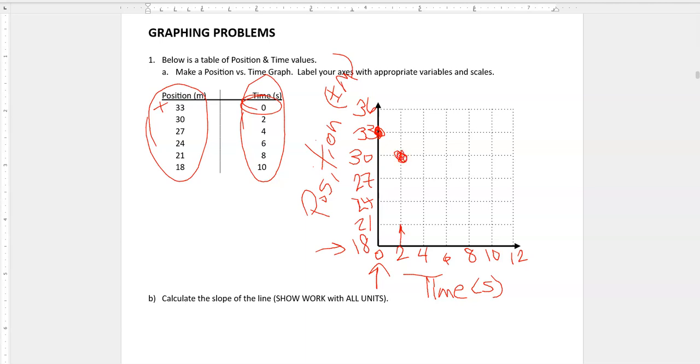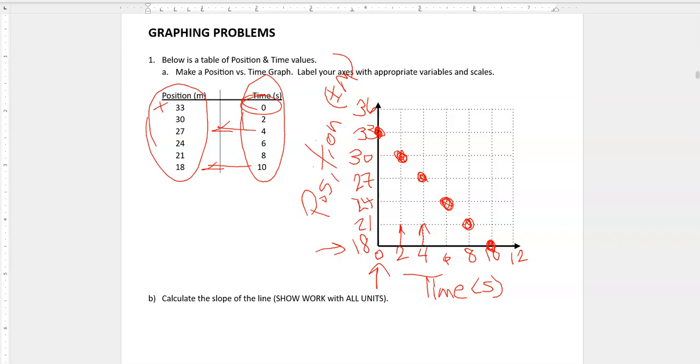There's your dot for that. Under 4 seconds, you'll notice 4 seconds says 27 meters, so you put a dot there, etc. And you fill in your dots until you have completed. And the last data point is at the 10-second mark, and it is 18 meters.